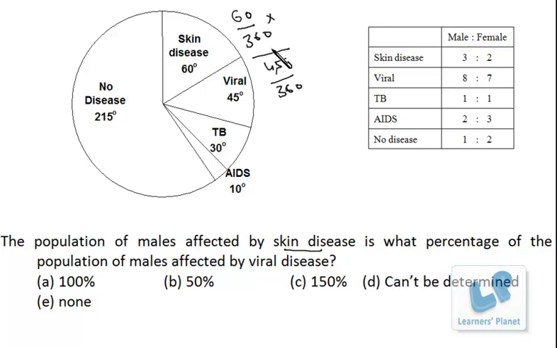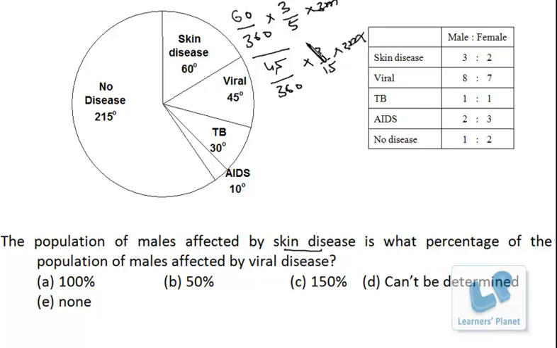Now the percentage of males affected by skin disease is calculated as 3 by 5 into 3 million, and we can calculate the percentage also, no problem. Similarly, males affected by viral disease is 8 by 15 of 3 million.